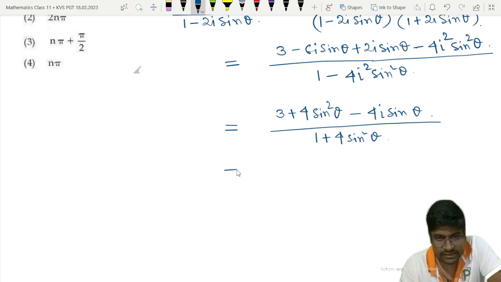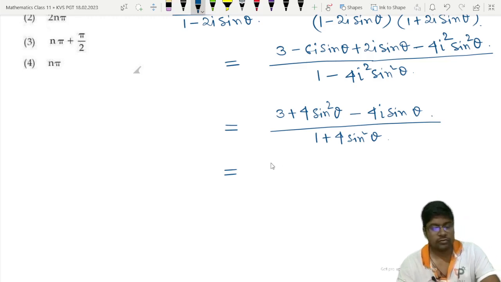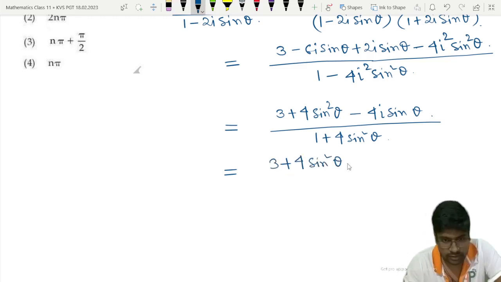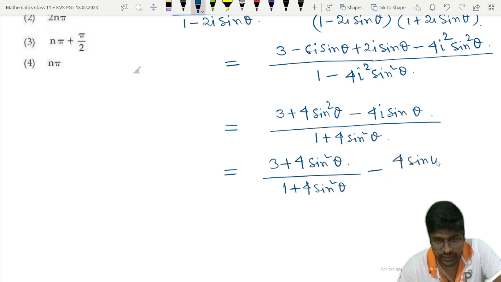This we will get. So now split the terms in order to write it in the form a plus ib. So (3 plus 4 sin square theta) divided by (1 plus 4 sin square theta) minus (4 sin theta divided by 1 plus 4 sin square theta) into i.